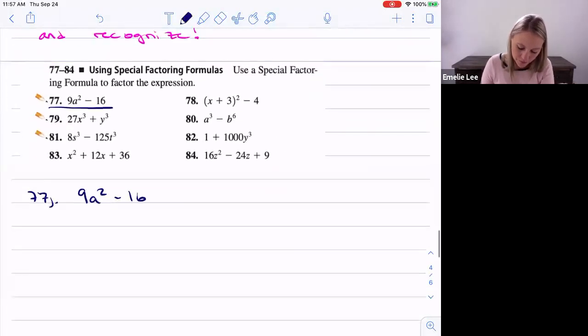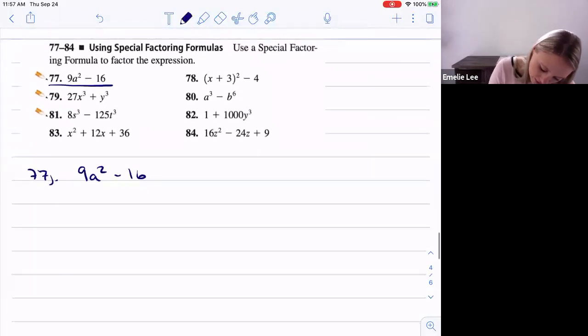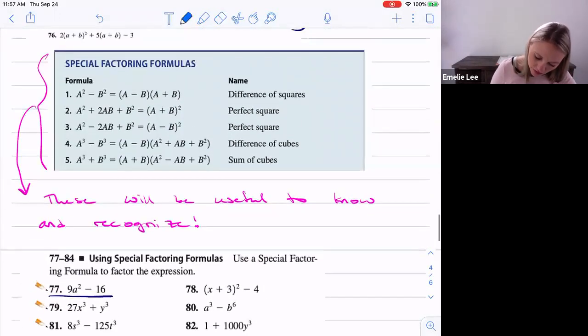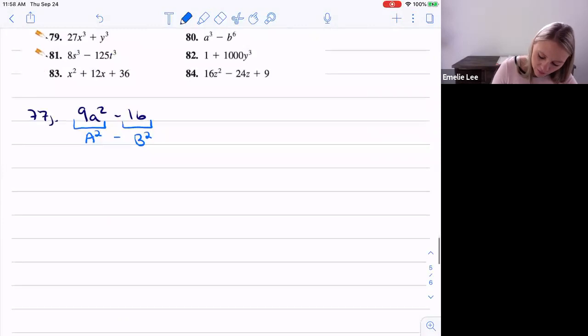So here, I can kind of imagine this as a squared minus b squared, and just as a little note so I don't have to keep scrolling, a squared minus b squared becomes (a minus b) times (a plus b).